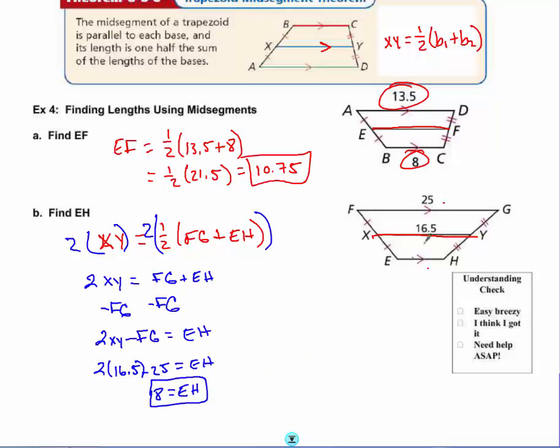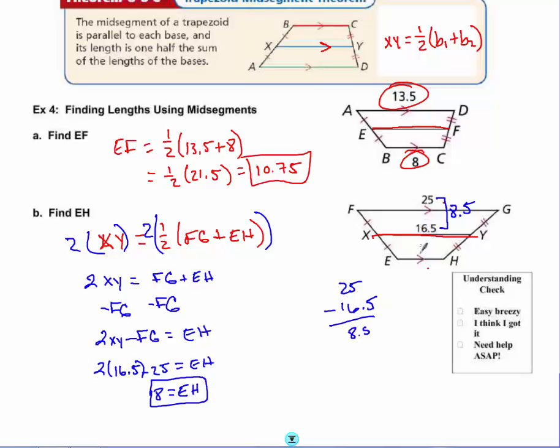Another quick, easy way to do it is to know that to go from 25 to 16.5, we need to travel 8.5 units, by doing 25 minus 16.5. That equals 8.5.